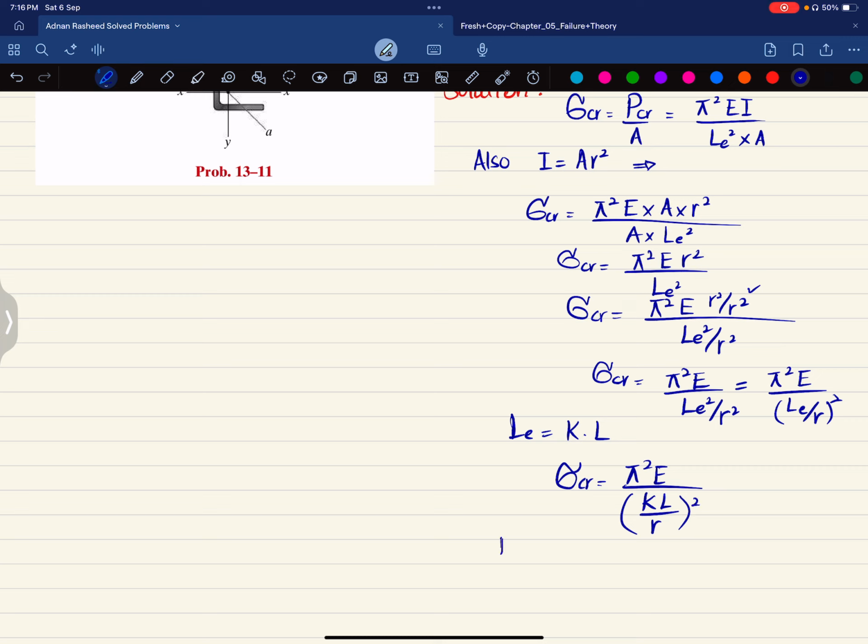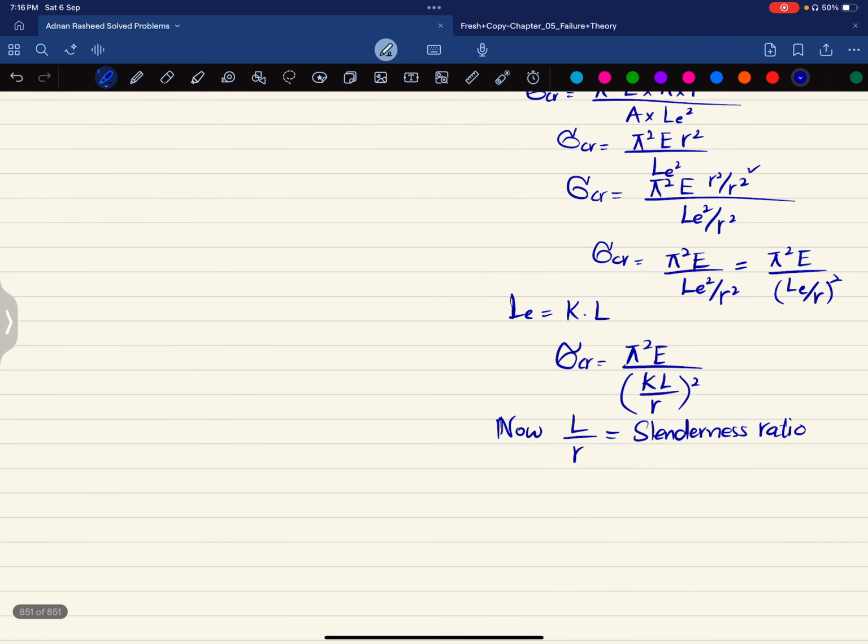Now this term KL over R is the slenderness ratio, and you can see that if this value is high, your critical stress will be low.